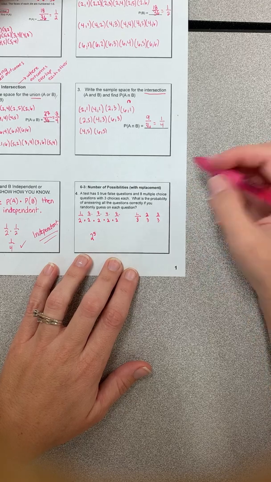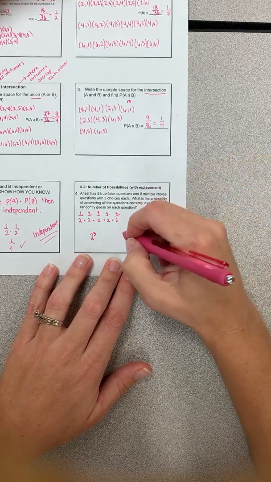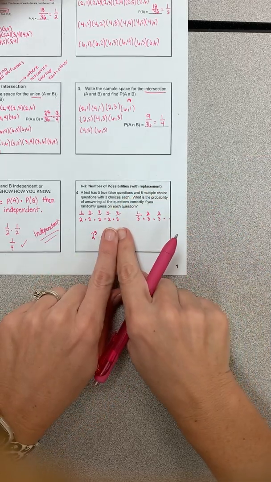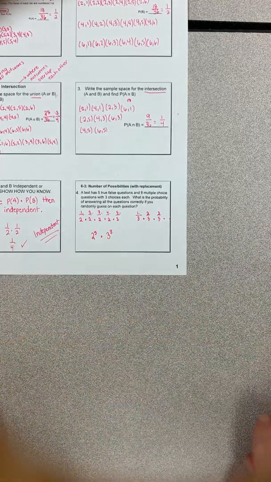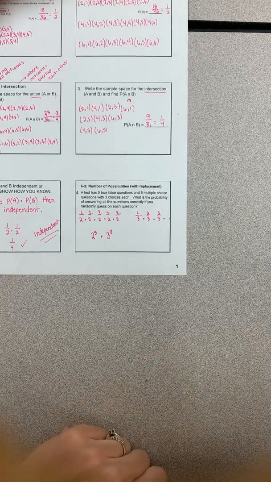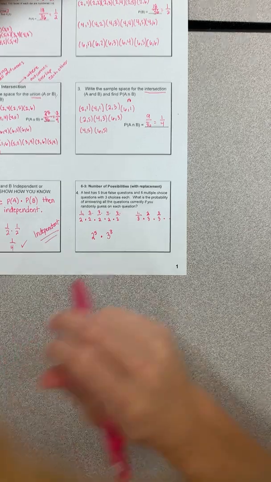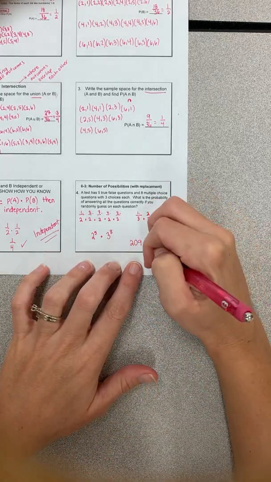This is going to continue 8 times. So we're going to multiply all of these together. So that's going to be 3 to the 8th power. And we're going to multiply all of those things together to figure out how many different possibilities of answers we could get here. So 2 to the 5th power times 3 to the 8th power is 209,952.